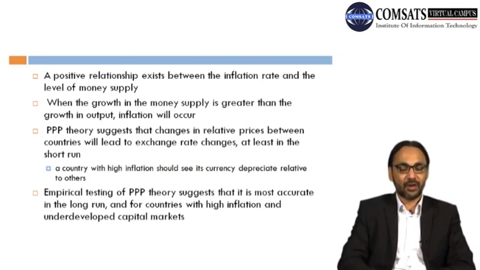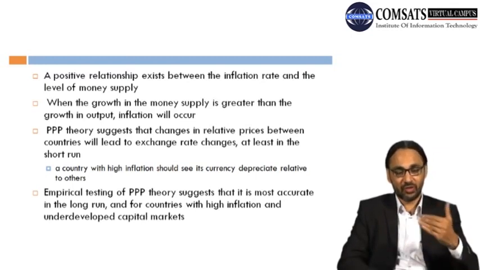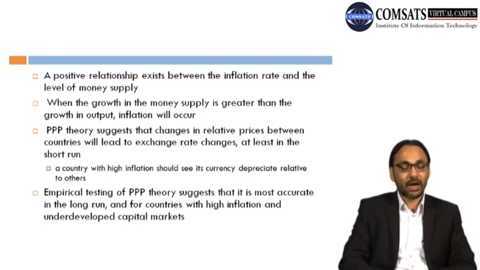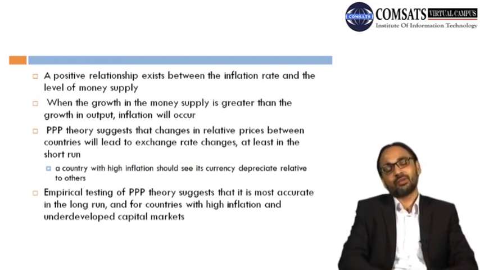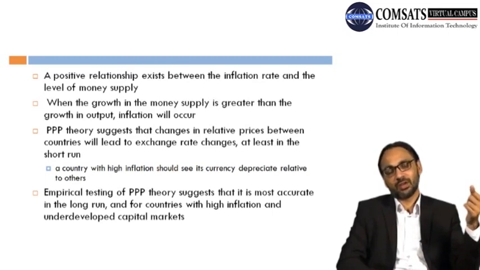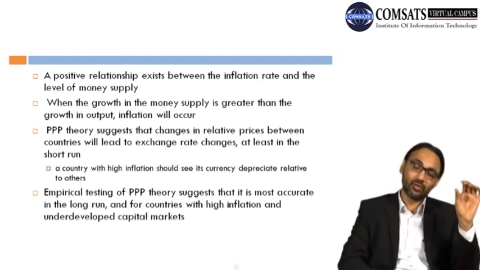PPP theory suggests that changes in relative prices between countries will lead to exchange rate changes, at least in the short run. A country with high inflation would see its currency depreciate relative to others. Like we are discussing the example of the USA and Pakistan. We continue with the example of the jeans.